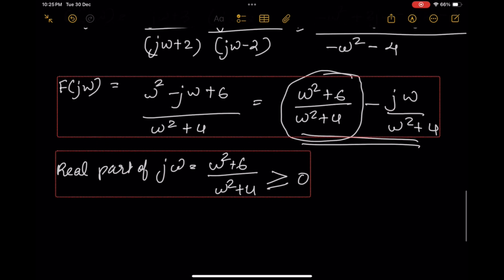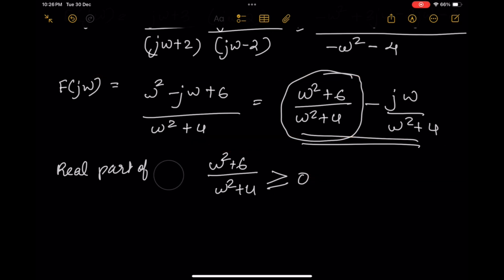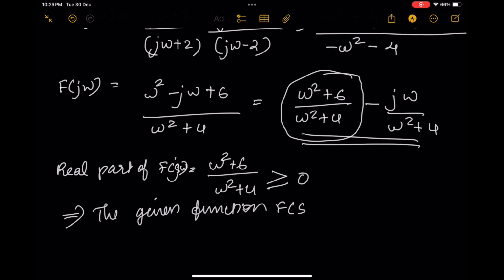Then we found the real part of f of j omega, and the real part of f of j omega is greater than or equal to 0. Now that all the 4 conditions are satisfied, we can say that the given function f of s is positive real.